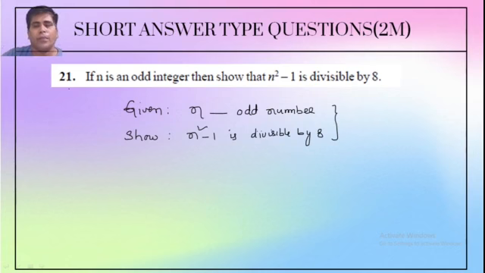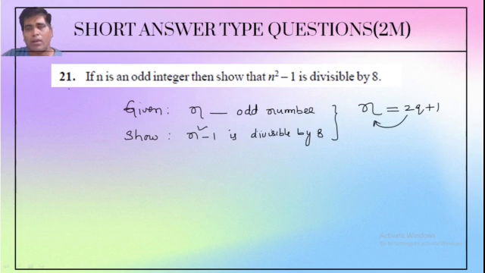Now, question yourself. When n is an odd number, an odd number is in the form of 2q plus 1. Why 2q plus 1? When we divide an odd number by 2, we get a remainder 1.